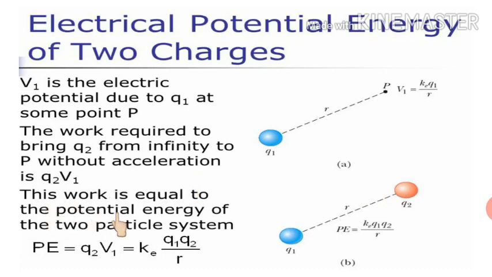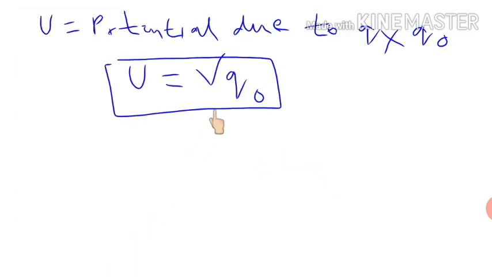And this work done will be equal to the potential energy of the two particle system. So if I ask you what is the electrostatic potential energy of this system which has two charges Q1 and Q2, and V1 is the potential due to Q1, then simply we will say that potential energy will be equal to V1 into Q2 or Q2 into V1. That only we have discussed in our previous page.